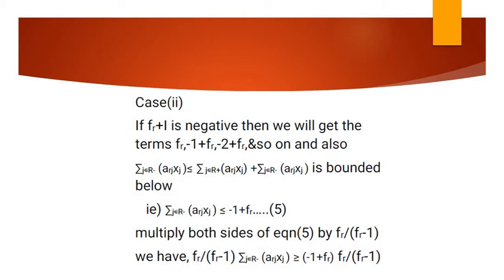So take this as equation number 5. Then you multiply this equation 5 by the negative term minus of fr by 1 minus fr, or simply fr by fr minus 1.